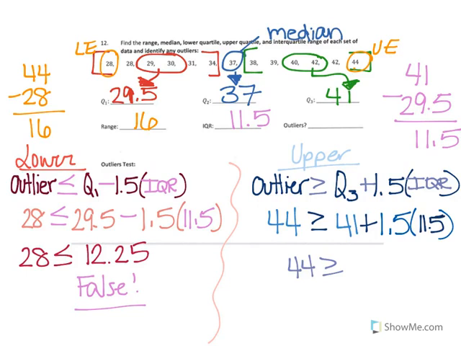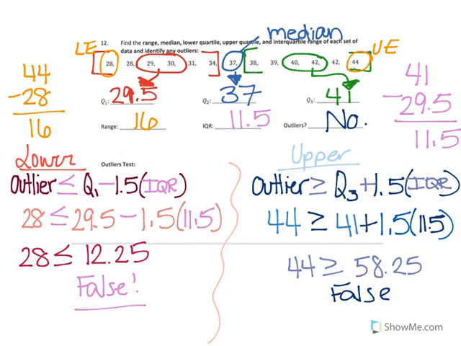And we end up with 44 is greater than or equal to 58.25, which is false as well. So therefore, we have no outliers because both outlier tests proved false.